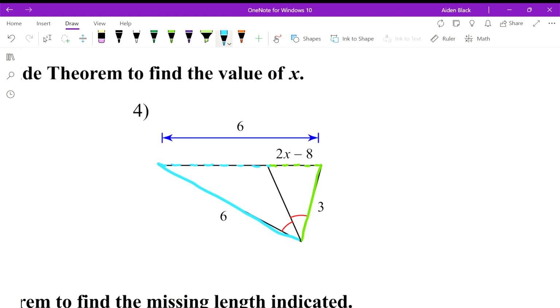Instead, we have to consider that the entire length of the full side here is 6, and if we want just this part, this segment, we need to subtract out all of this value here.